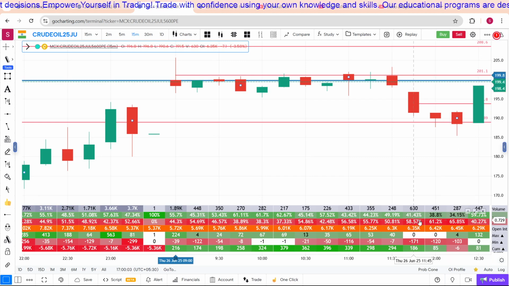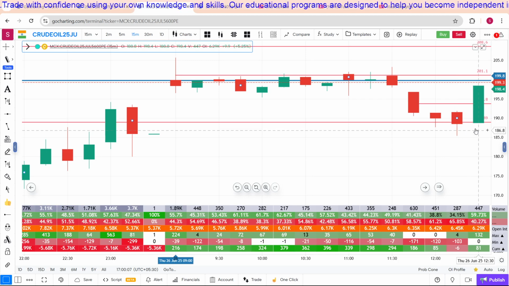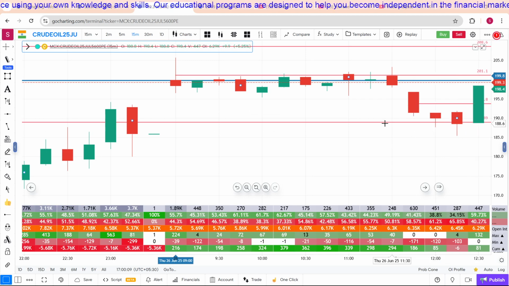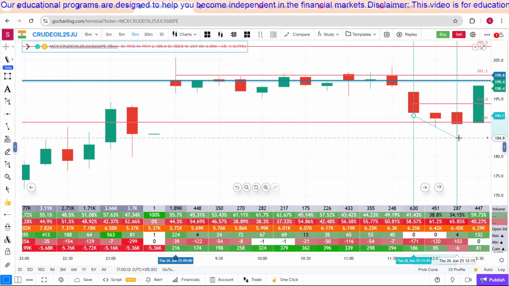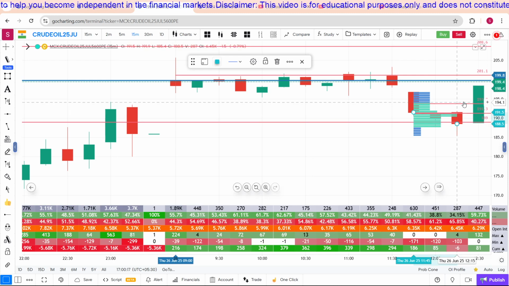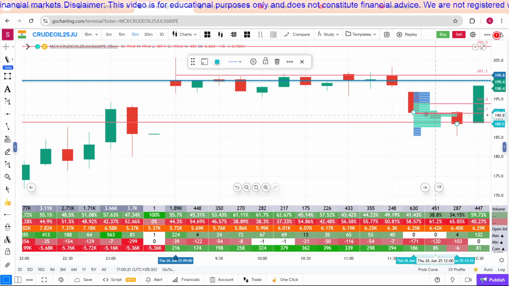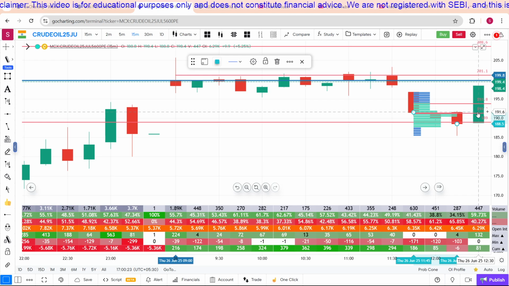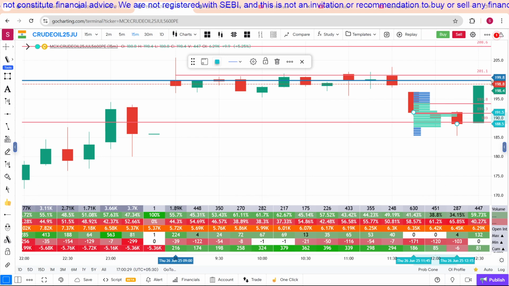So we need to find the overall volume POC of these three candles. And it is here, and the first candle volume POC is here. These three candles' volume profile is 191.6. And this candle closed above it.